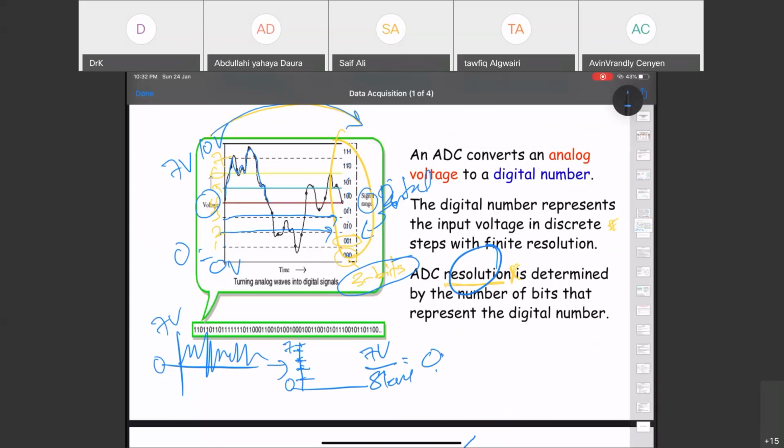So you will have 0.875 volt. Now 0.875 multiplied by 2, what do you get?